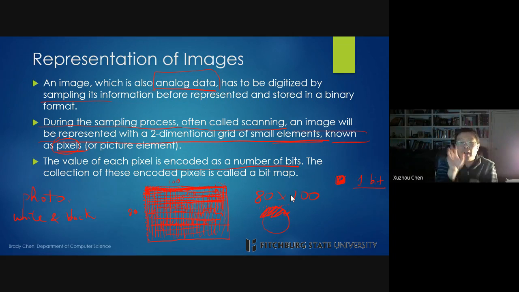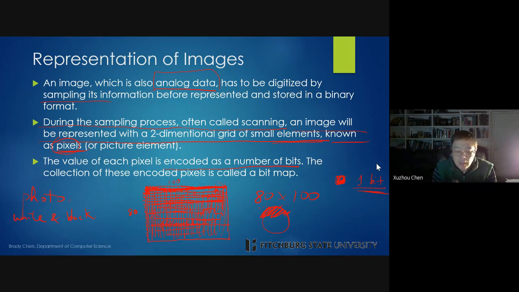So you can mix the black and the white to make it look like a grayish color. So you can always use black or white colors to eventually create a black and white photo.